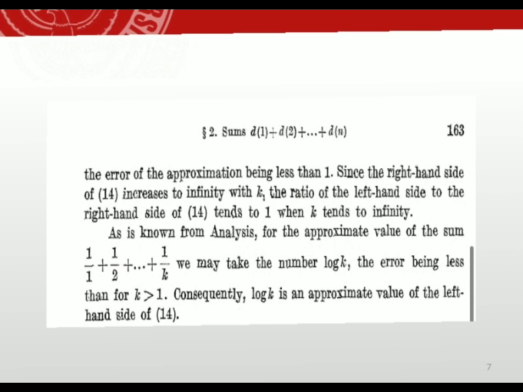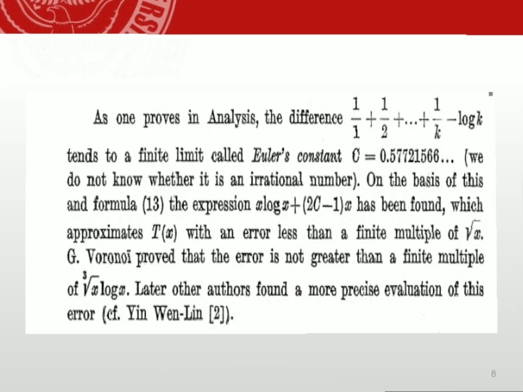As is known from analysis, for the approximate value of the sum 1 over 1 plus 1 half plus dot dot dot plus 1 over k, we may take the number log k, the error being less than 1 for k greater than 1. Consequently, log k is an approximate value of the left hand side of 14.